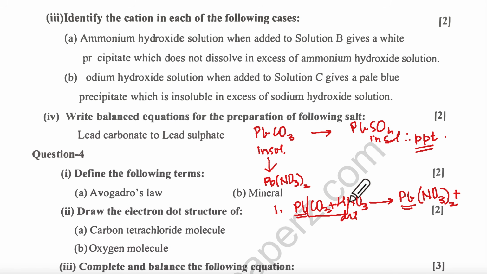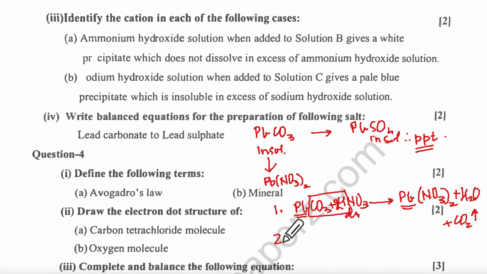So you will get Pb(NO3)2 plus H2O plus CO2. I already wrote Pb(NO3)2, I repeated it, sorry. So this is dilute HNO3, and I will get 2 here, plus H2O plus CO2.